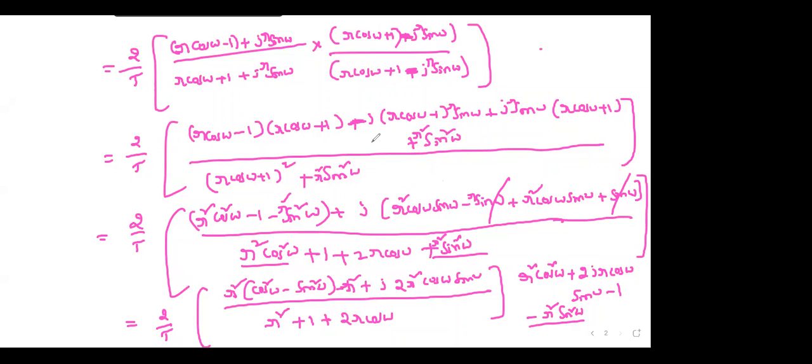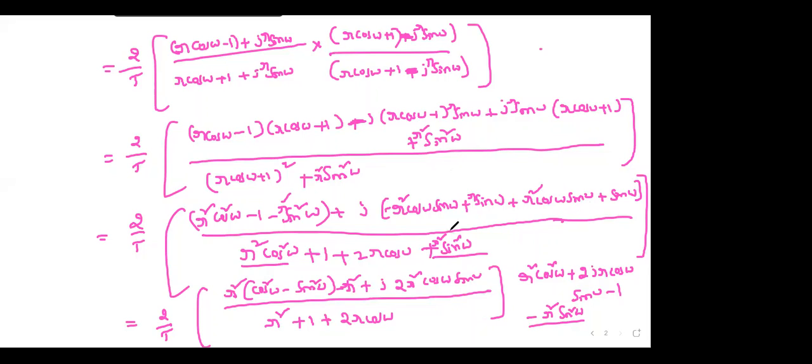So in the numerator, this is r square minus r square plus r sin omega. Here this is minus and this is plus. This is correct only.